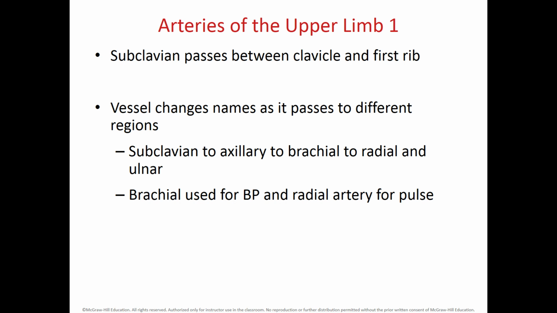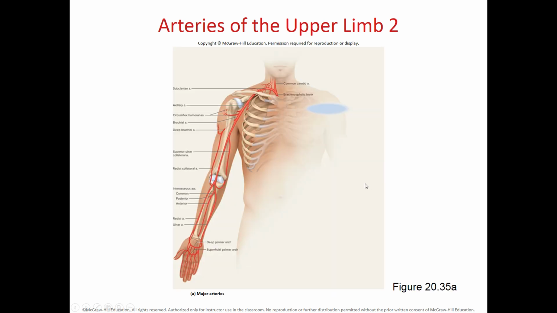And then below the elbow, this brachial is going to bifurcate into two, into the radial if it goes lateral, and into ulnar if it's medial. The brachial artery is the one that we use to detect the blood pressure, and the radial artery we use for pulse detection.